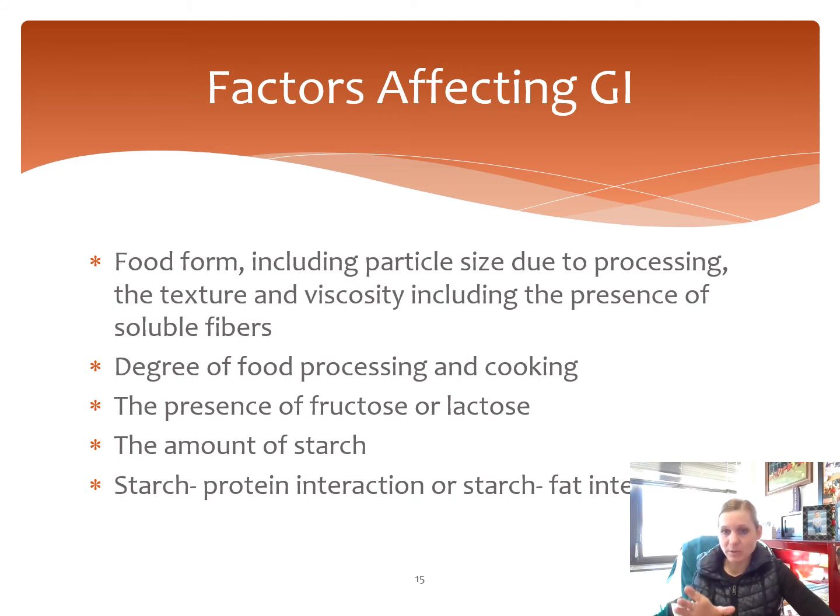If I took that one piece of bread and put peanut butter on it, or had that bread as part of a sandwich with turkey and cheese, now we have to understand the relationship between the carbohydrate and fat, and the carbohydrate and protein as well. Consuming both proteins and fats would slow down the digestive process and decrease the GI level.